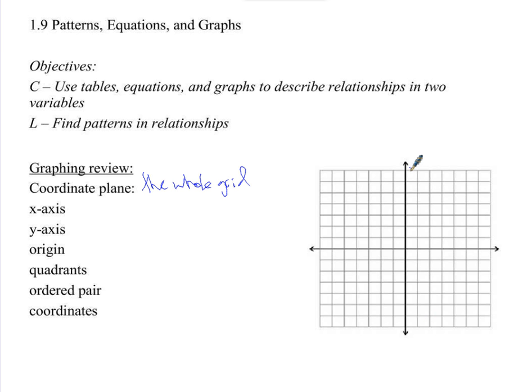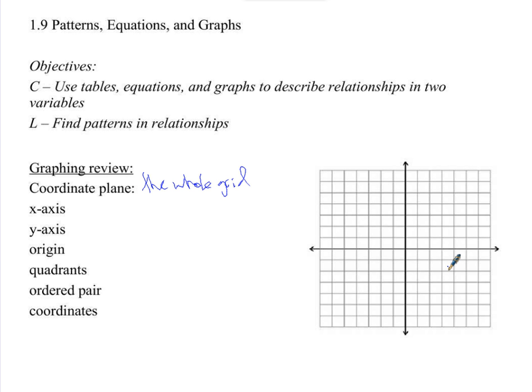The coordinate plane extends, that's what this arrow here means. Forever up, forever left, forever right, forever down. This is an infinitely huge coordinate plane. We only show this much because there's no way we could show the entire thing. It's not possible. We show what's interesting, the stuff around this part right here, most of the time. So the whole grid and everything else beyond it is the coordinate plane.